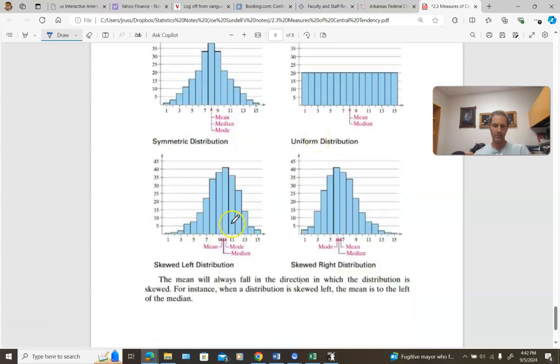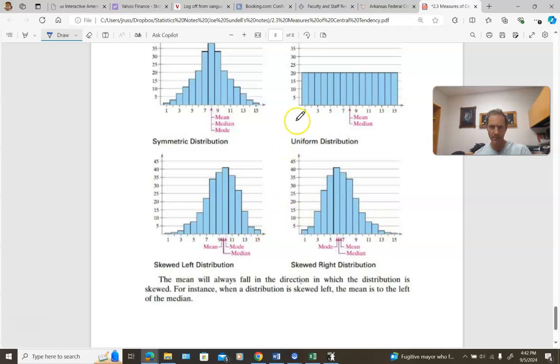This is a skewed distribution because it has a tail. You could say they both have tails, one on the right and one on the left, but the one on the left is longer. So this is what we refer to as a left-tailed distribution. And this other one has two tails, but the one on the right is more prominent, so we would refer to this as a right-tailed distribution.